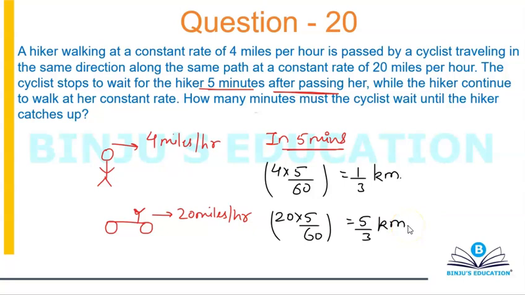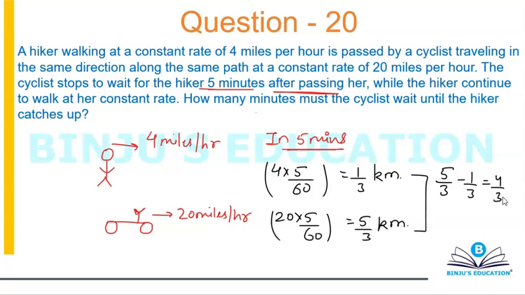Now the cyclist stopped. So the difference in the distance covered is 5 by 3 minus 1 by 3, which is 4 by 3 miles. So the cyclist is 4 by 3 miles ahead of the hiker.